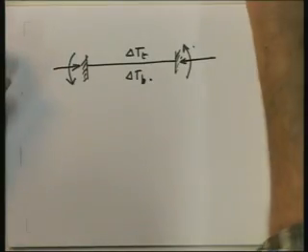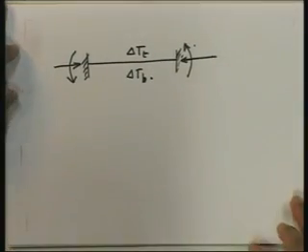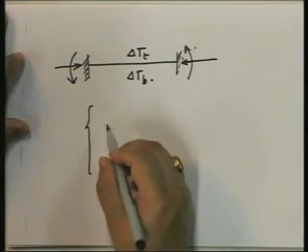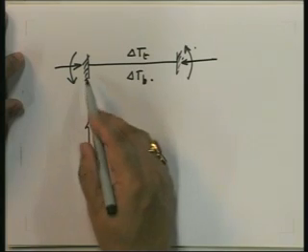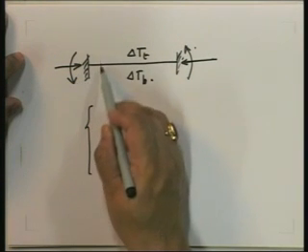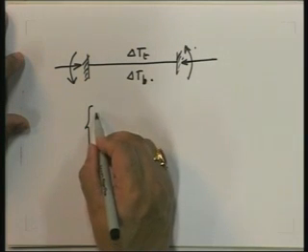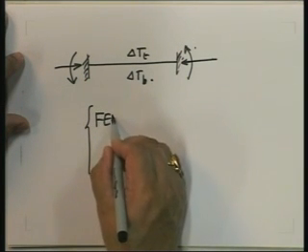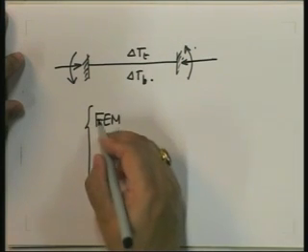Think back at how we computed fixed end moments for members, and you will see that all we need to do is find out the fixed end moment such that the other direction is going to give you minus of theta AB and theta BA.